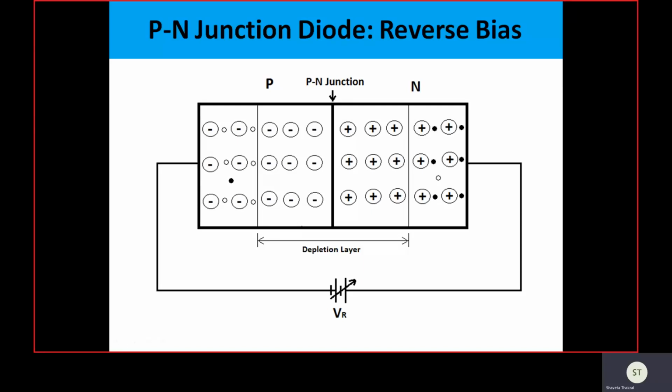Still, in reverse biasing a very small amount of current flows through the circuit, and that is because of the minority charge carriers. Because of this potential, the minority charge carriers are able to cross the junction, and because of them there is a small amount of current, called the reverse saturation current or the leakage current.